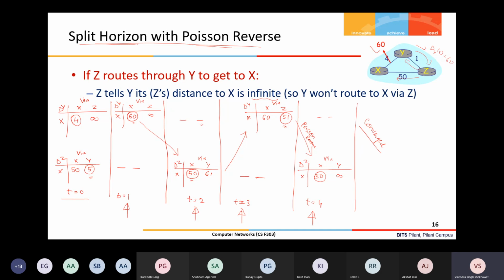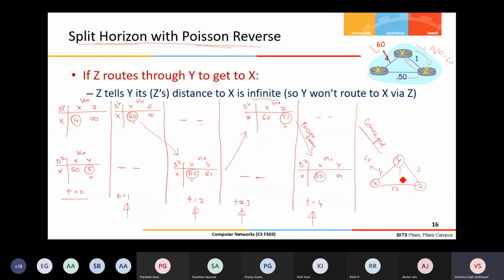But suppose you have a scenario with the same topology, but slightly different. So this is y, this is x, this is z. The link cost is 4, and 4 becomes 60, this one is 50. Let us say this link cost is 3.